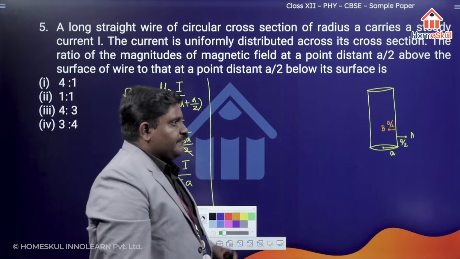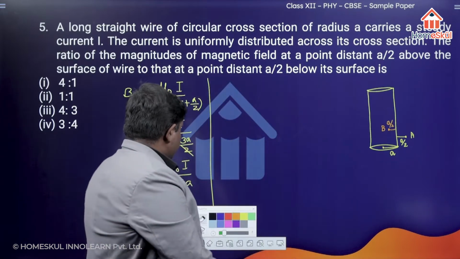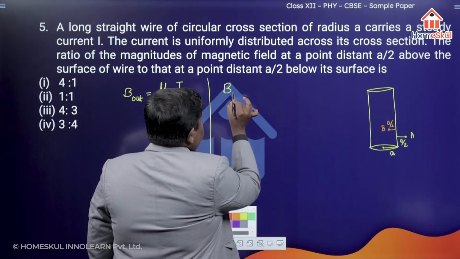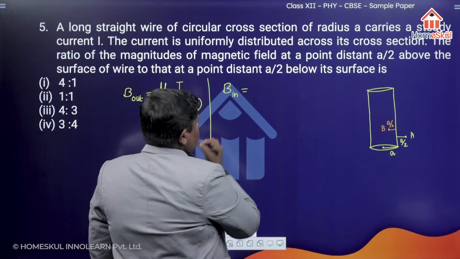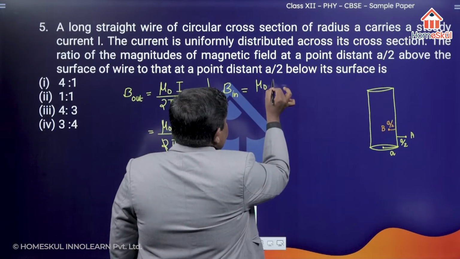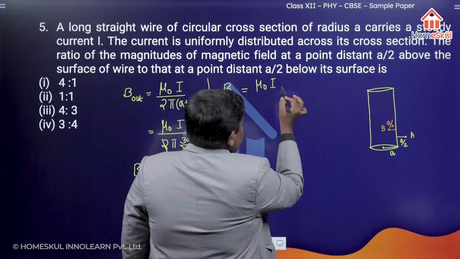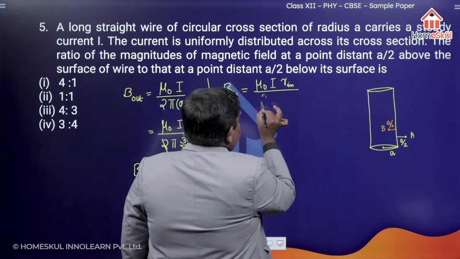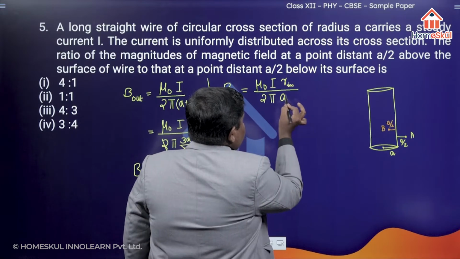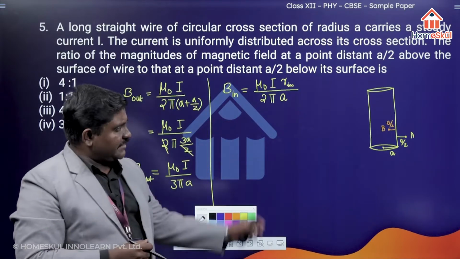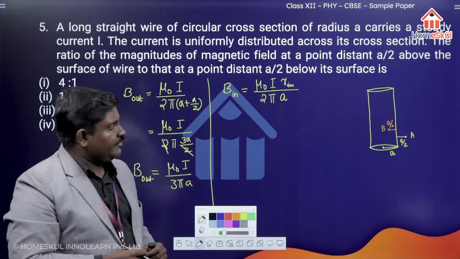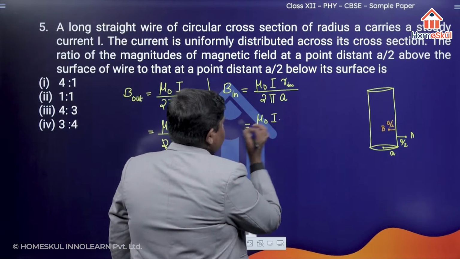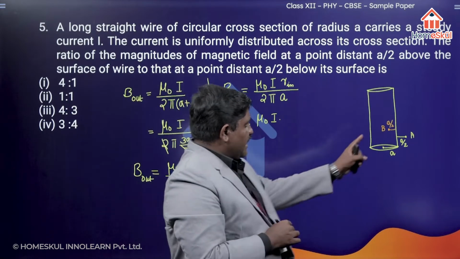For that we use the equation for inside: B inside is equal to mu 0 I R inside divided by 2 pi, the radius of the conductor. Therefore, that is equal to mu 0 I into R in. What is R in here?